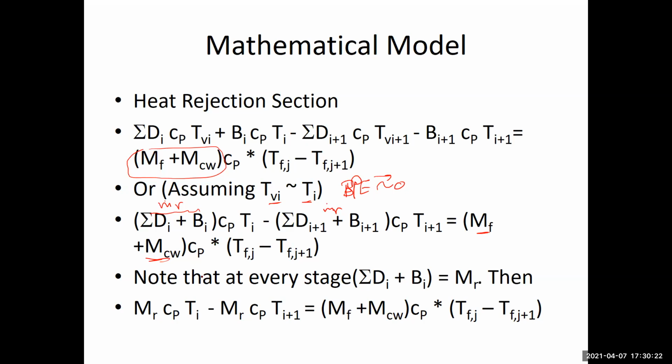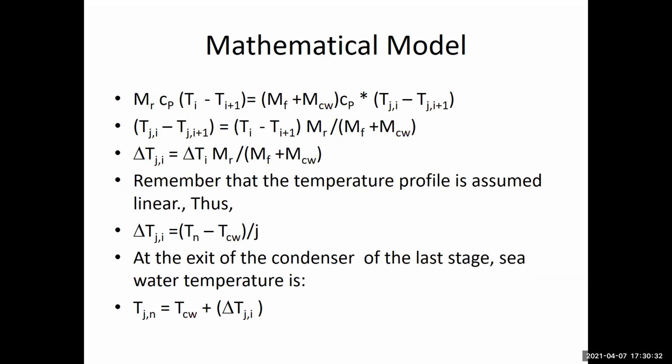But there will be a ratio, and this ratio would be given in terms of MR over M dot feed plus M dot cooling water. And this is the one I meant here. So for the heat rejection section, this is new. We did not have a heat rejection section in the once-through system, but for this one, we have it.